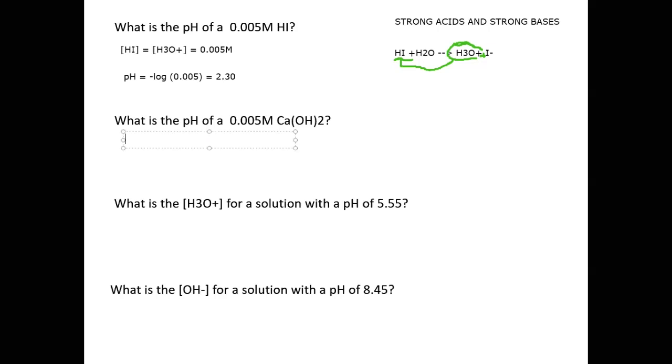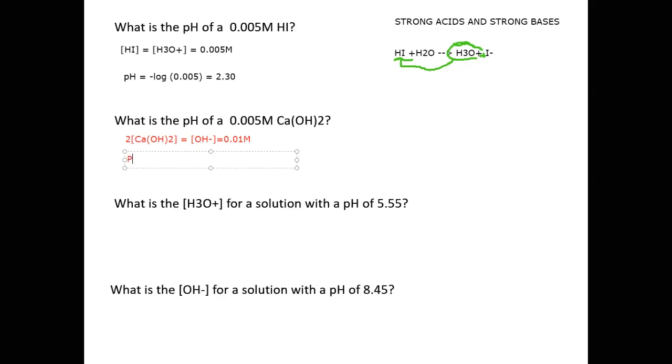So it should be 2 times the concentration of calcium hydroxide equals the concentration of hydroxide, which equals 0.01 molar. So we have the concentration of hydroxide. We want to know what's the pH.